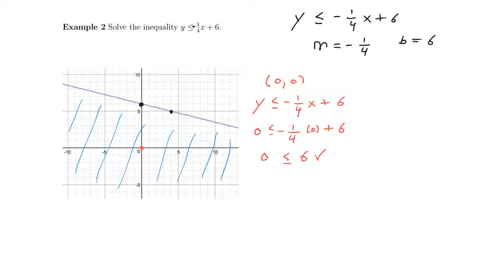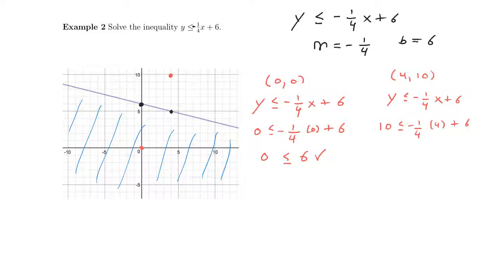Maybe if we wanted to try a different point, how about this one? (4, 10). I know this point should not work, but again, just to see that, I'll take y is less than or equal to -1/4 x plus 6. I'll put 10 in place of y, and then I'll put 4 in place of x.